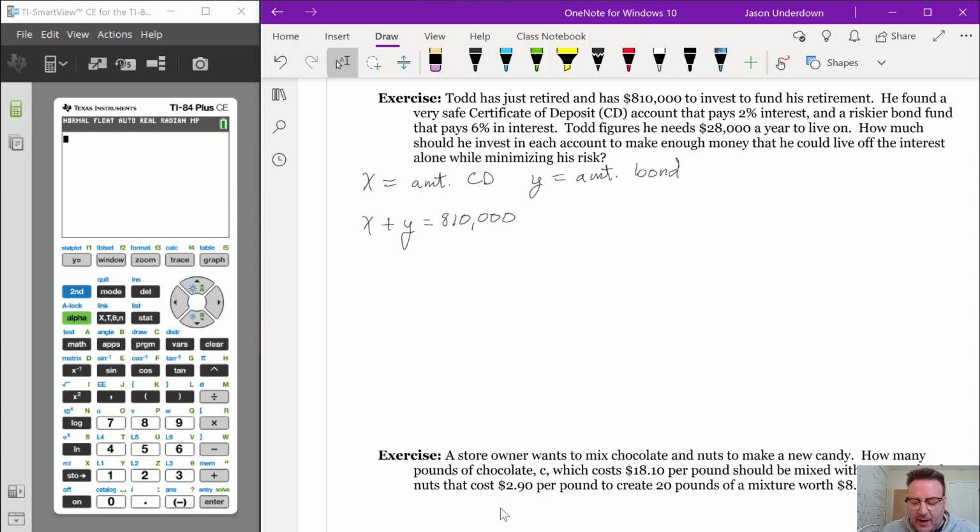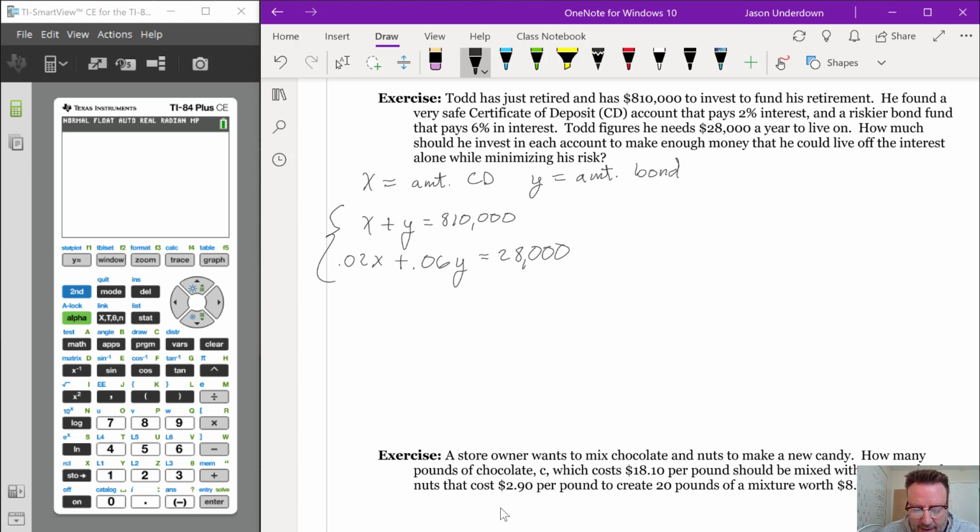And the amount he'll get in interest from the bond fund will be 0.06 times y, because y is the amount invested in the bond fund. When we add those two interest amounts together, we get the total interest, which needs to sum to 28,000. So there's another equation: 0.02x plus 0.06y equals 28,000. There we go. There's our system.